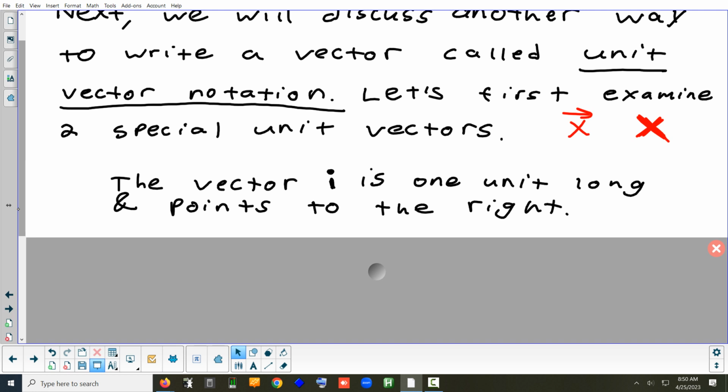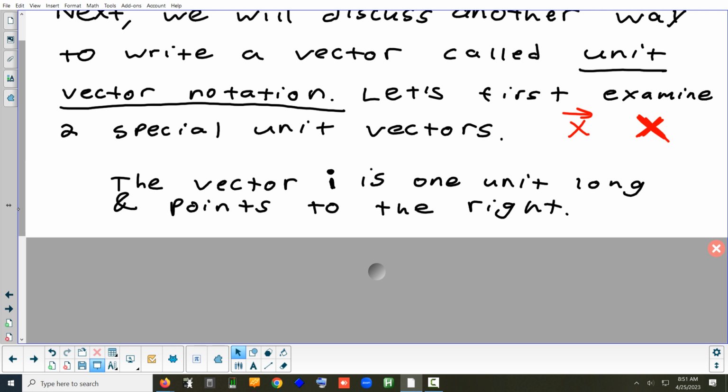Vector I is automatically a vector that points to the right, and it is 1 unit long.